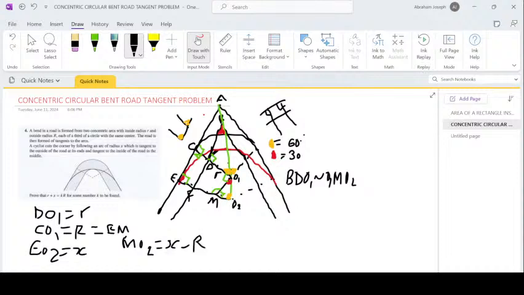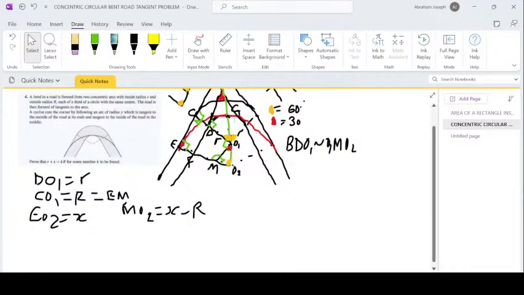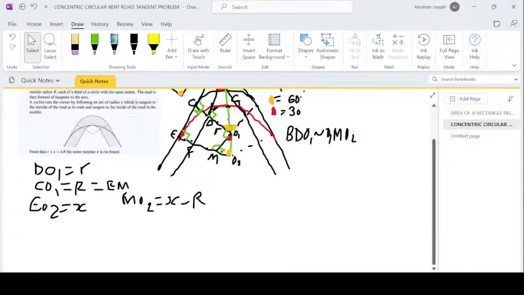Now let's find what O1 O2 is. We didn't give this point a name, so let me call it G. Now, from G on the red circle to O2 is X. That's the radius of the red circle. So this is the same as GO2.